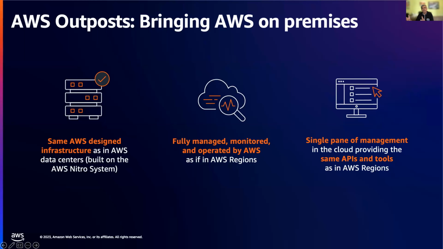Now I can deploy my workloads across cloud and on Outpost, which will look just like cloud. That's the neat part, it's very seamless and transparent to the end user once it's all set up and running.